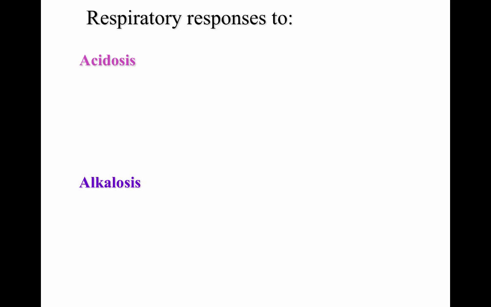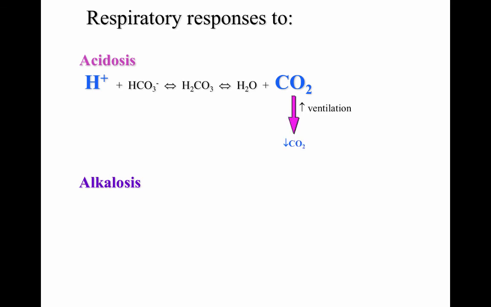Respiratory responses to acidosis and alkalosis. In acidosis, we have high amounts of hydrogen, so we want to see that hydrogen tied on to bicarbonate to then create carbonic acid and then dissociate into water and carbon dioxide. And so through increased ventilation, we'll see decreased CO2, which will decrease hydrogen or acidity.